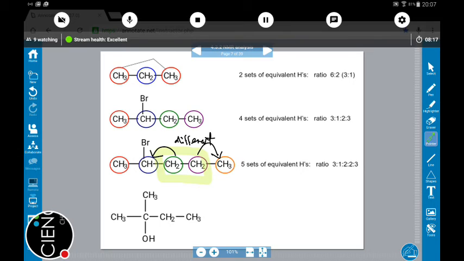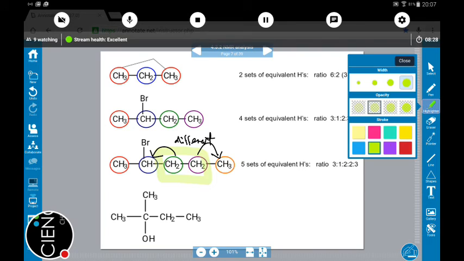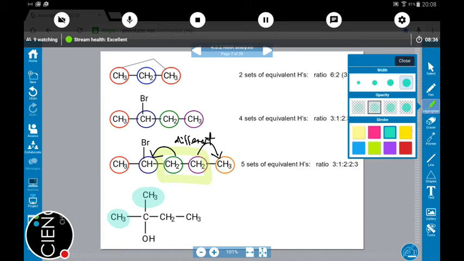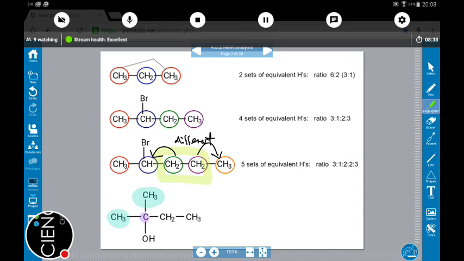And finally, let's look at this one over here now. Now, this is not that simple, because in this particular case, unlike the previous cases, this set is actually the same as this set over there, and the reason for that is they are both equal distance apart compared to the COH over here. So they're both on the same carbon atom.